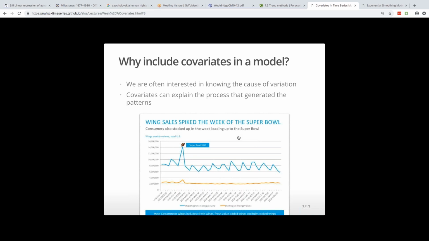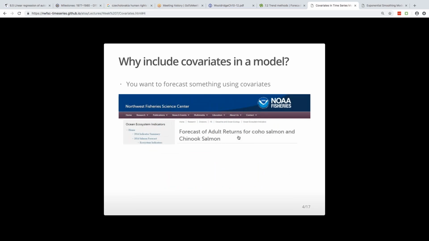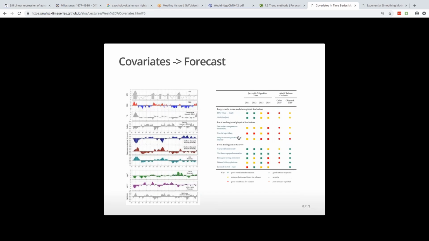Kind of related to that is that we can use the covariates to explain what happened. And if we can do that, maybe we can use them to help forecast something. So an example that we work on at Northwest Fisheries Science Center is forecasting salmon returns. And one example of some work we've done is using a variety of different covariates.